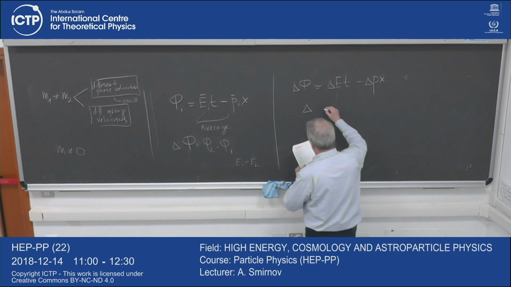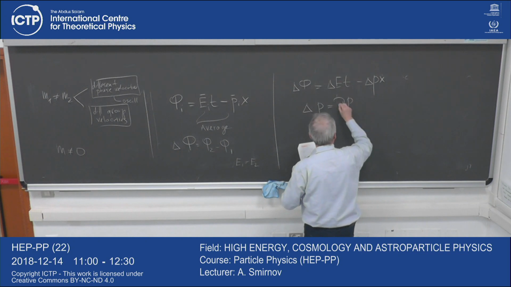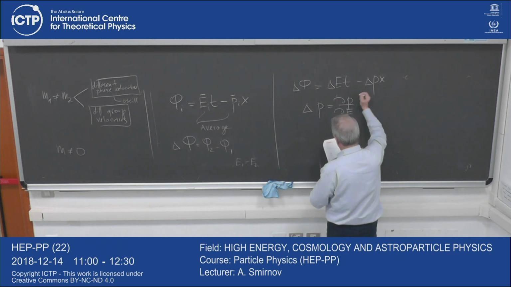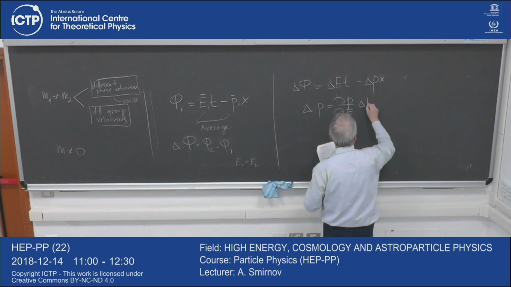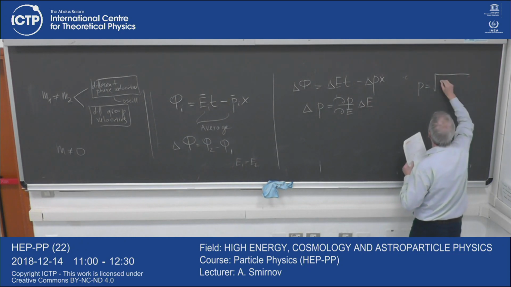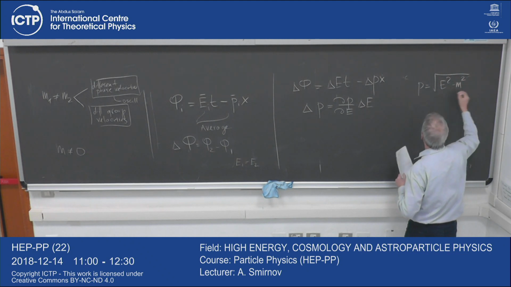So what is delta P? Delta P can be written as dP over dE multiplied by delta E. And again, P is the square root of energy squared minus mass squared.